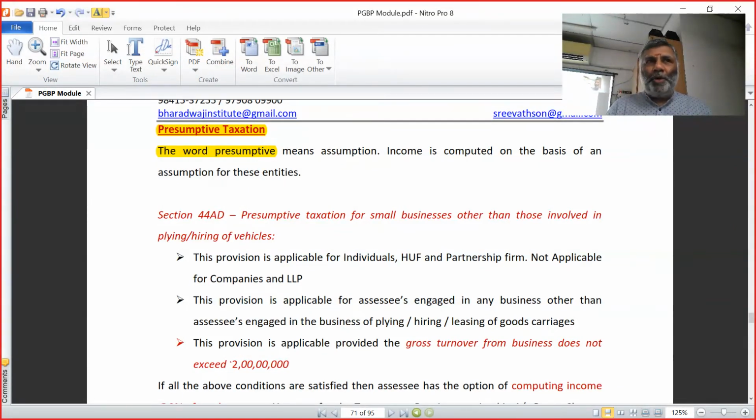When the 2000 change took place, the new PAN, whatever now you are having, there was an old PAN also. There were no cards and all. There will be a number, that's all. Mostly it is within the department. Then only this new card system and all came. The old PAN had the assessee's name, father or husband name.